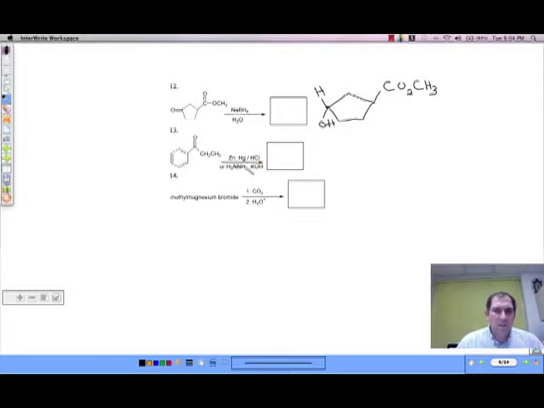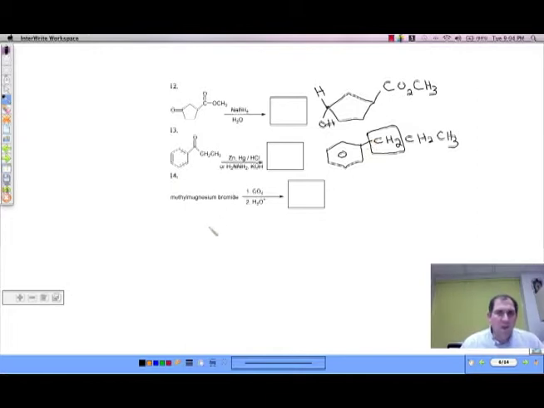The bottom is called a Wolff-Kishner reduction. Remember, the difference in the two is one is under acidic conditions, one is under basic conditions. The bottom line here is, though, you reduce off that C double bond O. What we're going to now have coming off that benzene ring is a new CH2 between the CH2-CH3, the ethyl group, and the ring. So this is what my C double bond O is reduced down to.